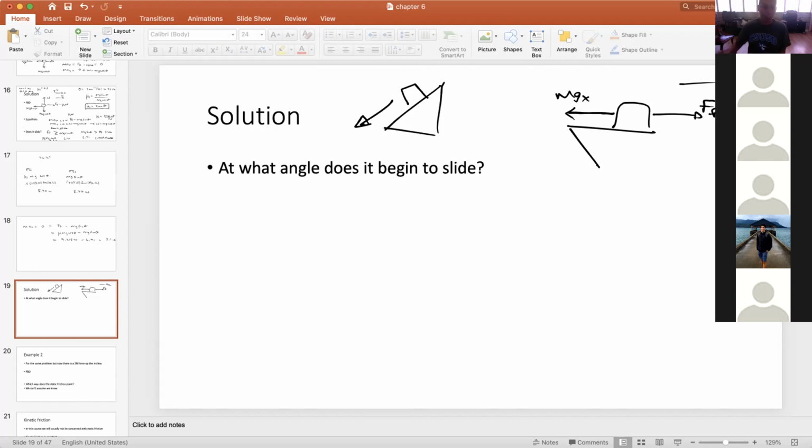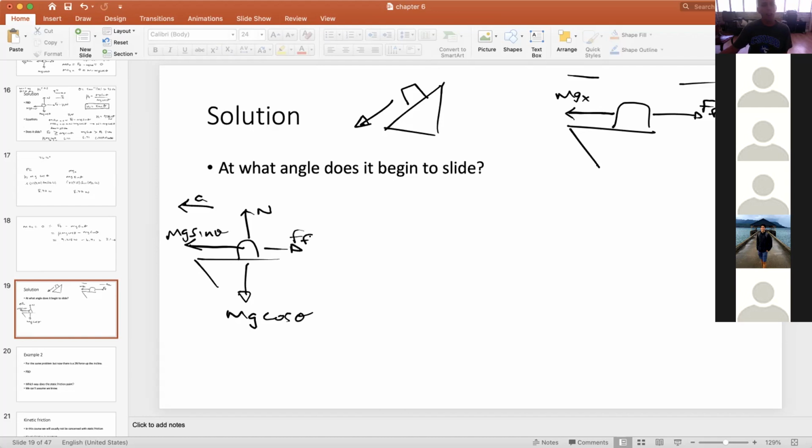How I would do this problem is I would assume a was down. So let's assume a is down the plane. This is actually kind of important for all of you. So mg sine theta and force of friction. Let's do it for a that way, and let's do it for a this way.